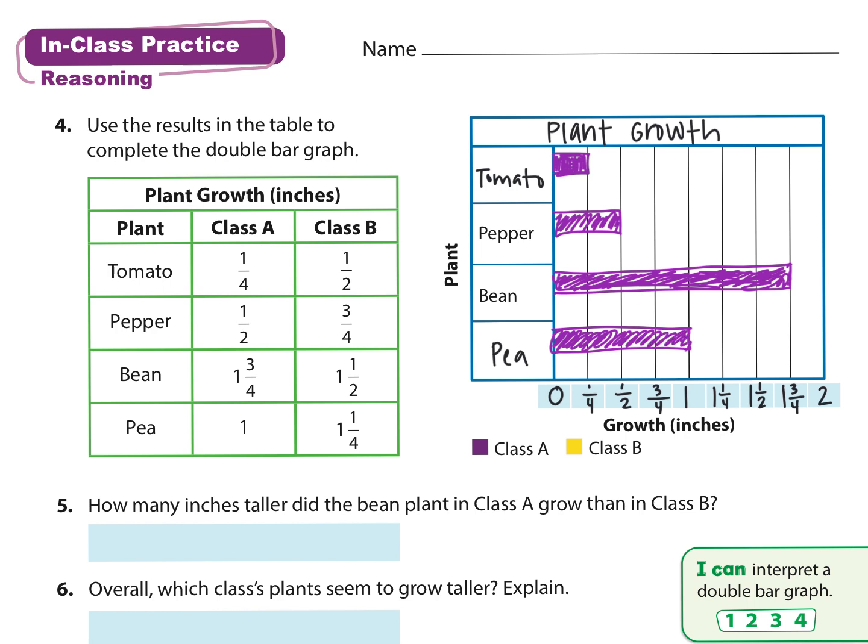Now I'm going to move on to Class B. How far over do I go for a tomato for Class B? 1/2.